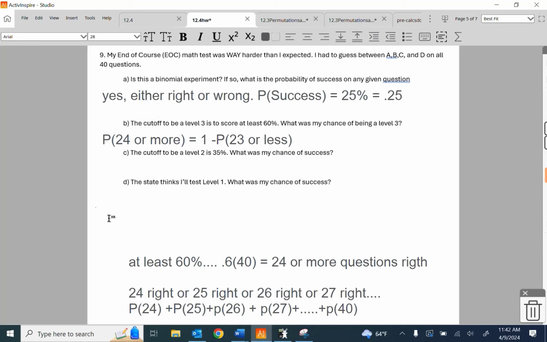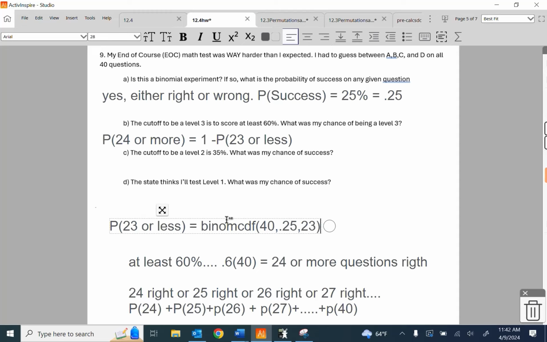Now the probability of 23 or less is pretty simple. We're going to use that binomial CDF function. We've got 40 trials, the probability of success is 0.25, and we're going to do 23.